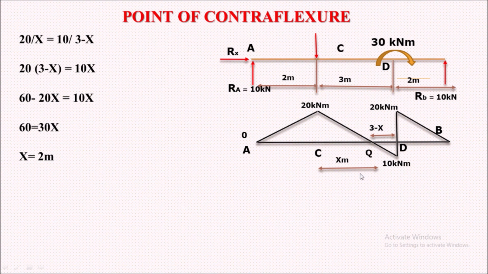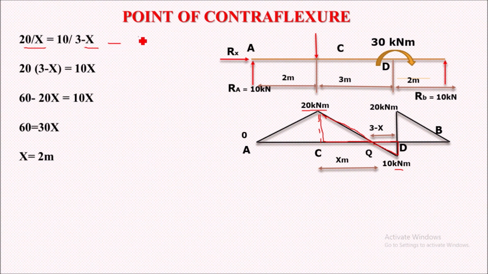For calculating the x distance we have triangles here. We have two similar right angle triangles over here. This is one triangle and this is another triangle. By applying the similar triangle law we have 20 kilonewton meter divided by x equal to this 10 kilonewton meter divided by 3 minus x.